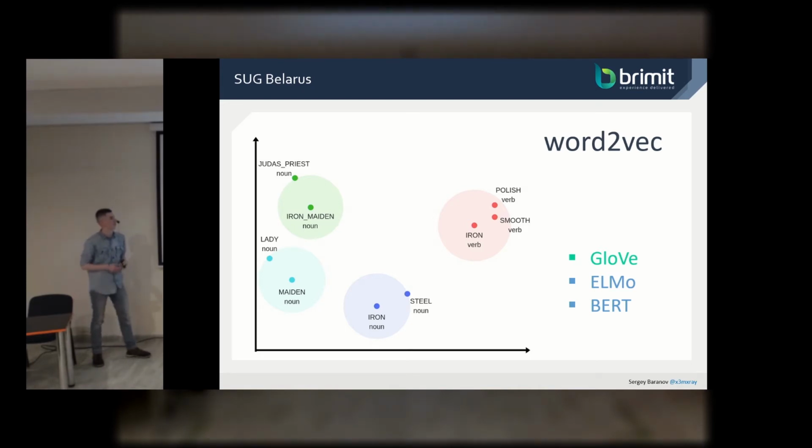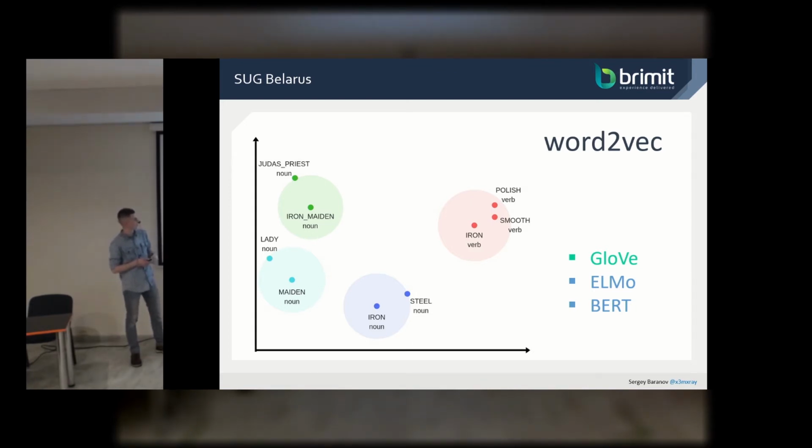There are also some alternative algorithms like Word2Vec. One very similar to Word2Vec is GloVe. And there are also two other algorithms, ELMo and BERT. And what is the main difference between Word2Vec and GloVe and between ELMo and BERT?